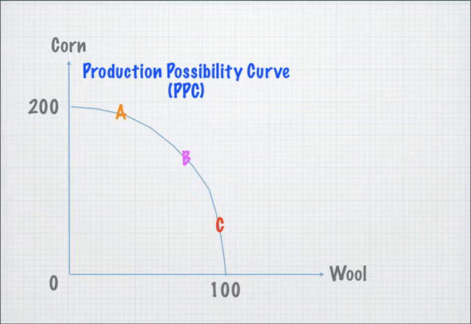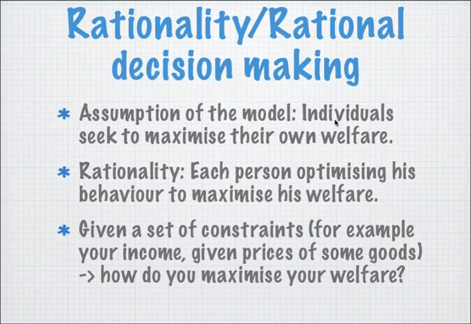To understand the concept of benefit or welfare, we have to first look at how economists define these concepts, and this is where we look at the theory of rationality, or rational decision making. The basic assumption of economics is that individuals seek to maximize their own welfare. What do I mean by this?